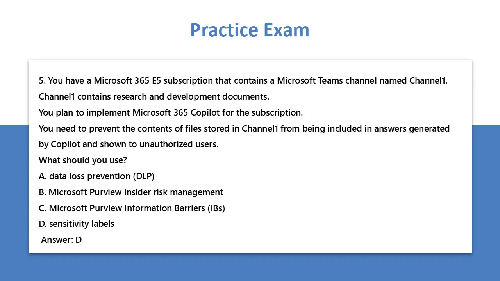5. You have a Microsoft 365 E5 subscription that contains a Microsoft Teams channel named Channel1. Channel1 contains research and development documents. You plan to implement Microsoft 365 Copilot for the subscription. You need to prevent the contents of files stored in Channel1 from being included in answers generated by Copilot and shown to unauthorized users.